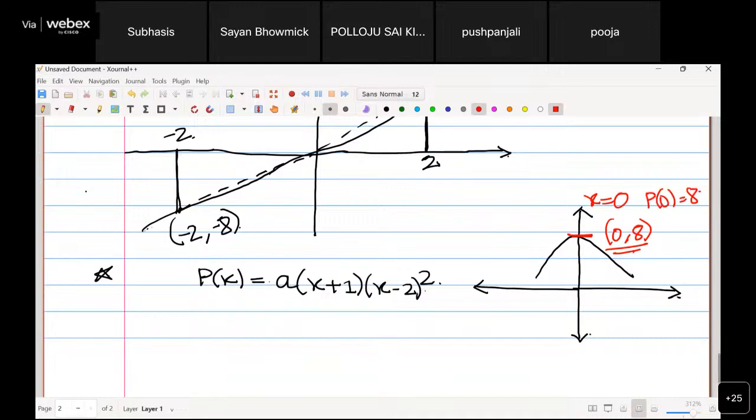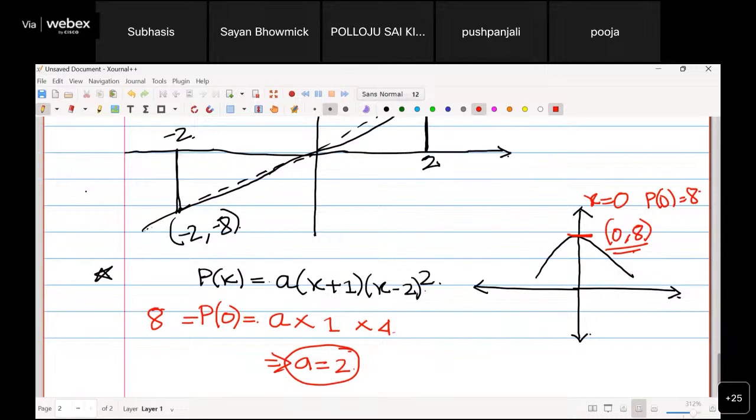So now you just need to substitute x equal to 0 in this equation. That was exactly my question. So we need to equate f of 0 or P of 0, or whatever function we are calling it, and find it out, right? Yes, correct. Once you equate, you will get the value of a. That is a times 1 times 4, so a is precisely 2. But sir, what if we don't have a graph or something? That's the question. I was about to come to that question.